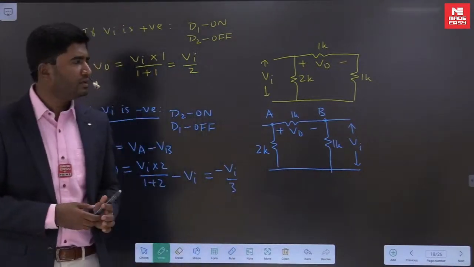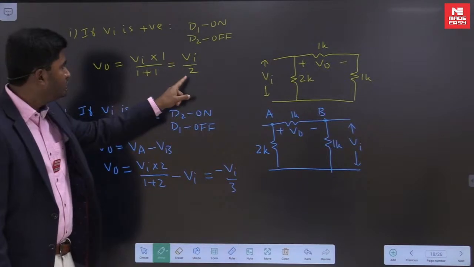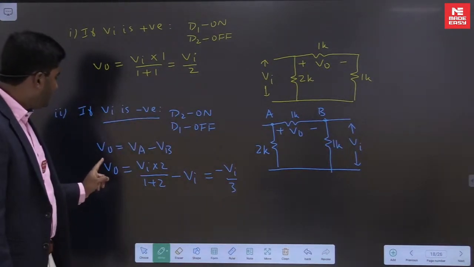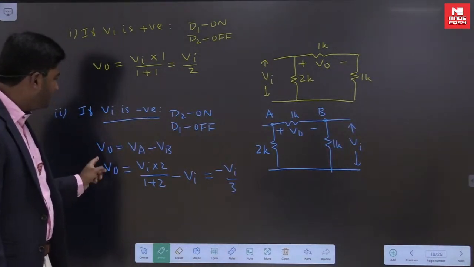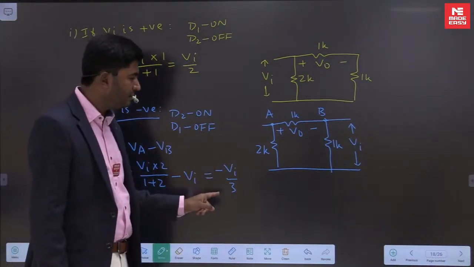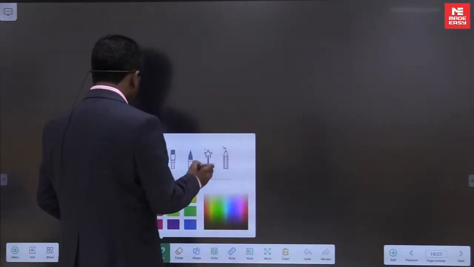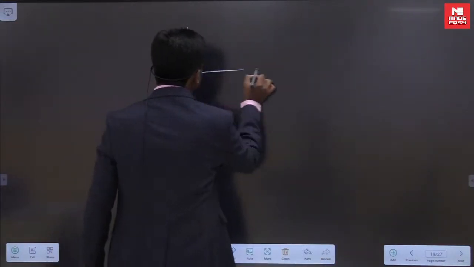So in this question, when input is positive, output will be VI by 2, and when your input becomes negative, V naught is minus VI by 3. So now let us plot the output. Let me draw the output.